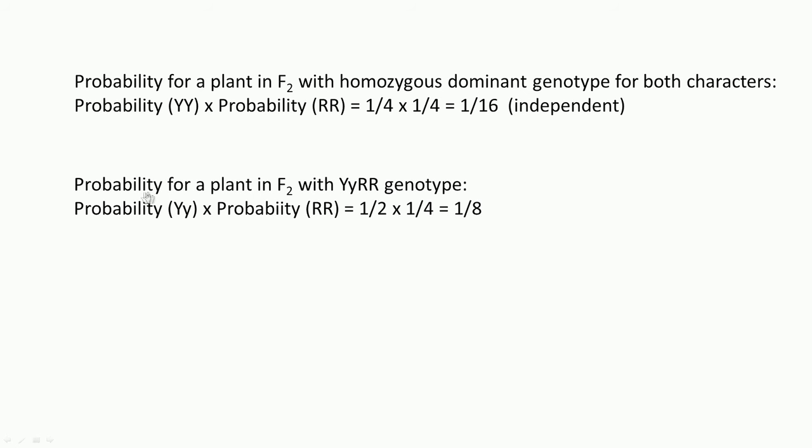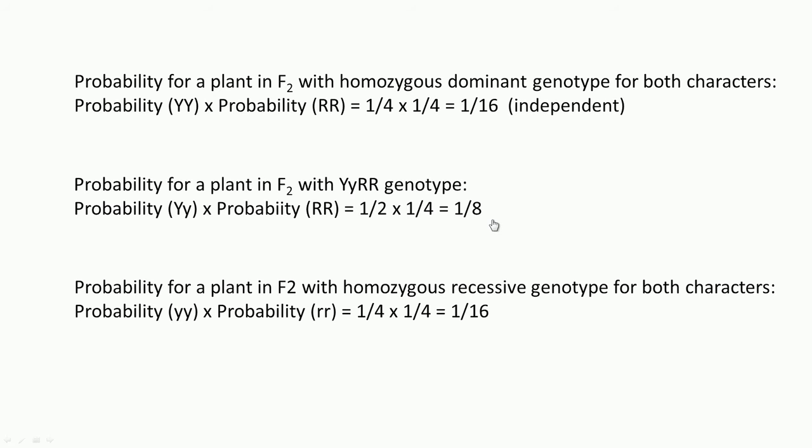Now, the probability of a plant in F2 with capital Y capital Y, capital R small r genotype, these two are independent. Therefore, the probability of capital Y capital Y times the probability of capital R small r, 1/4 into 1/2, that is 1/8. One more thing, just to illustrate how you could use this, it becomes very easy if you are comfortable with probabilities.